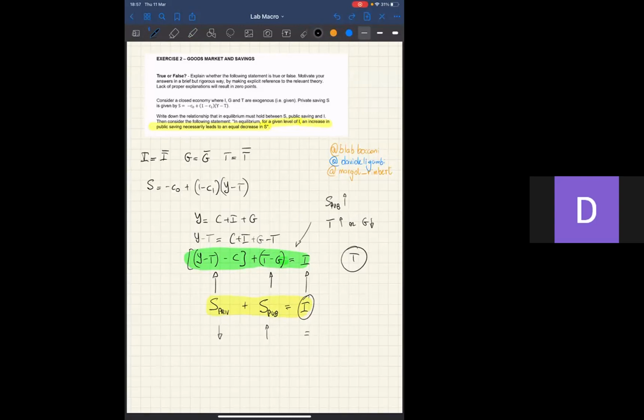On the other hand, in case it was G that decreased, then you can already understand, but this is not related to the problem, that if G goes down in this case, then either Y is actually going down or consumption is going up by the same amount, or both of them. But this is purely conjecture.